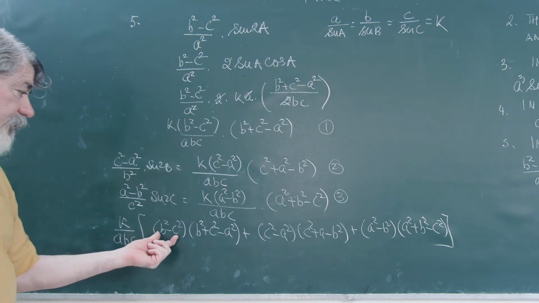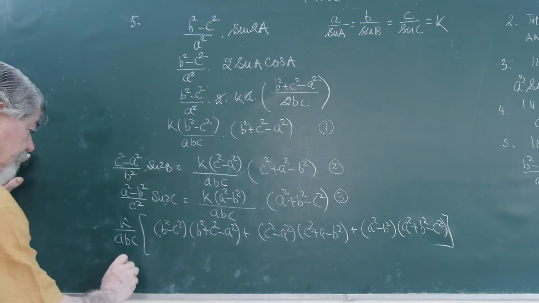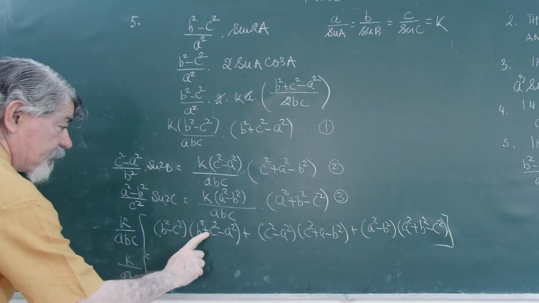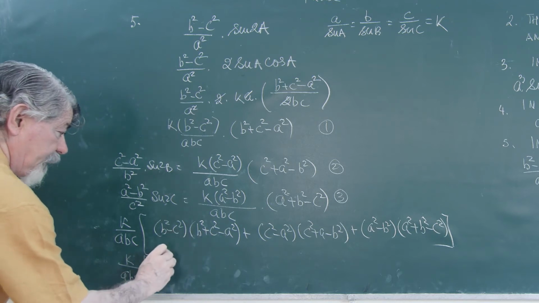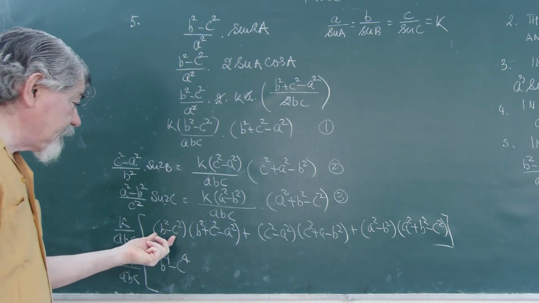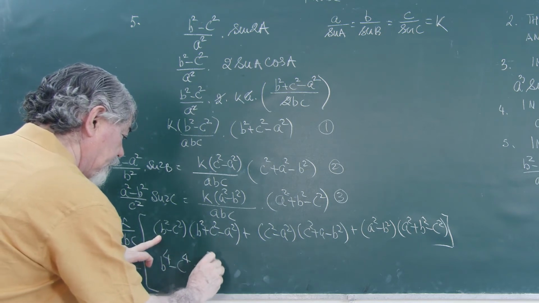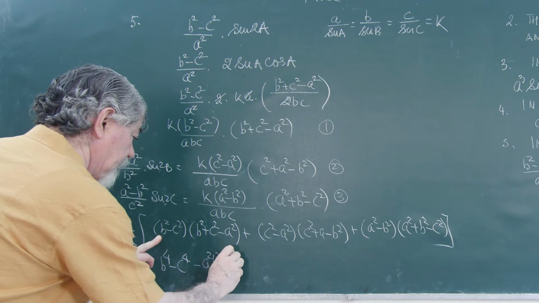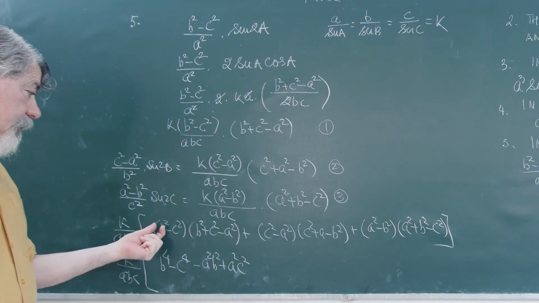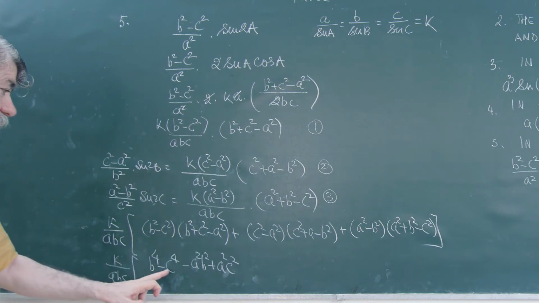So if I multiply B square minus C square and B square plus C square, what will I get? You will get B4 minus C4. Then B square minus C square will be multiplied with minus A square. It will become minus A square B square plus A square C square. We got B4 minus C4 directly.